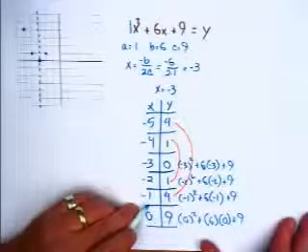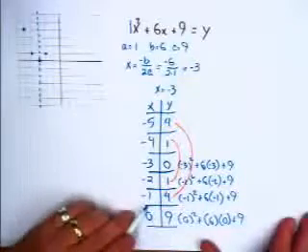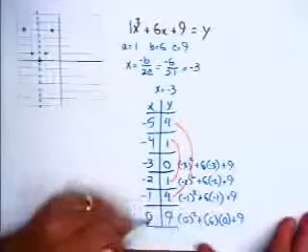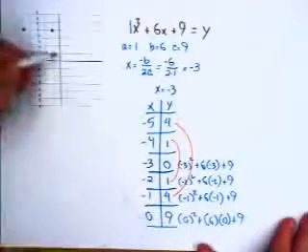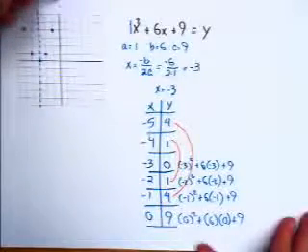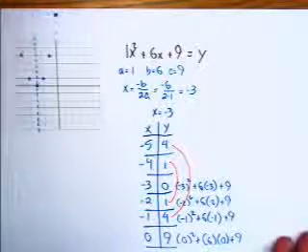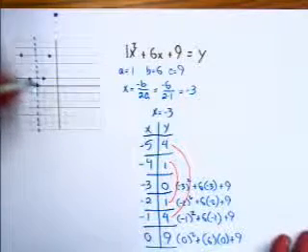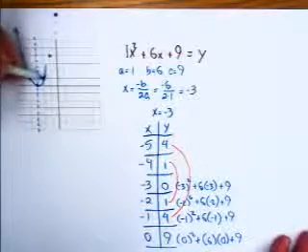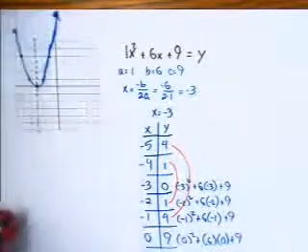What did I do wrong? No. Negative 1, 4. That's not wrong. Negative 1, 4. And 0, 9 would be somewhere up there as an estimate. Oops, that's not a very neat job. Looks roughly like that.